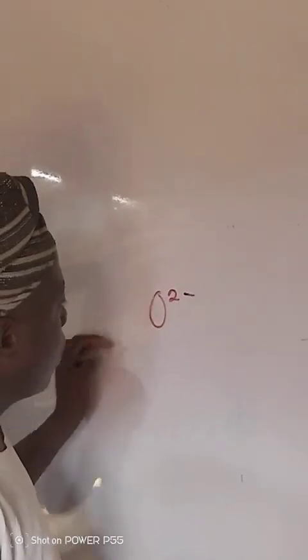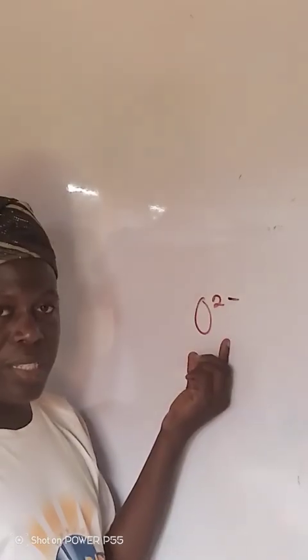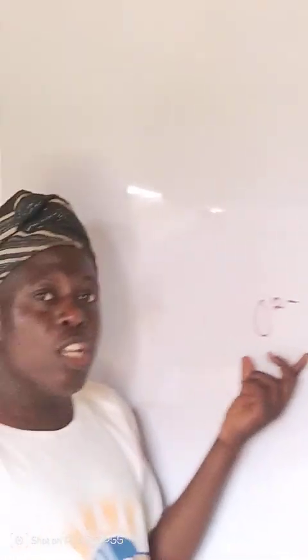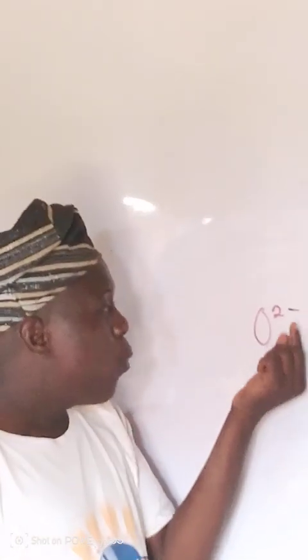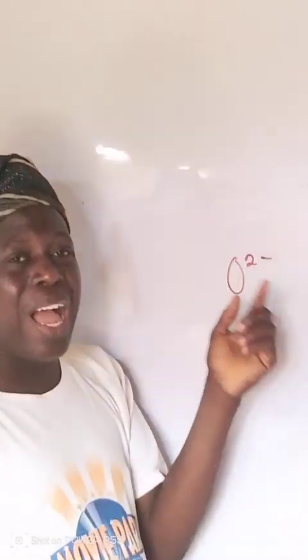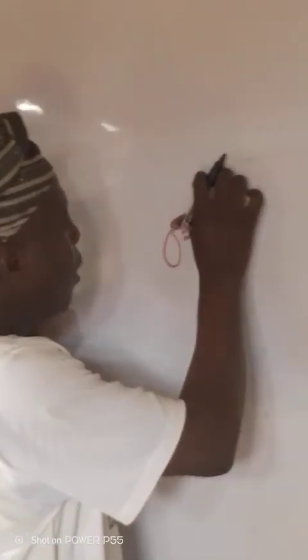If you have been given a question like this, then they ask you to write the electronic configuration for this. Mind you, this element has gained 2 electrons. The atomic number of oxygen is 8. Then when it has gained 2 electrons, you now add 2 plus that, making 10. If you want to write the electronic configuration for this, hey, wait.